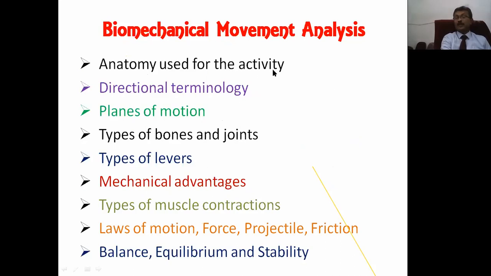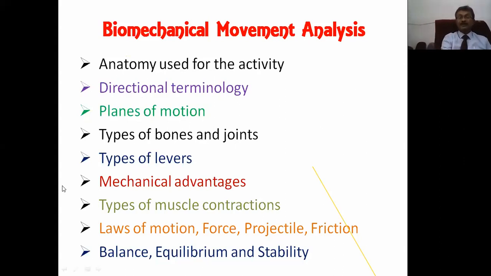Anatomy used for the activity, which body parts we are using. Then the directional terminology, the movement which I have told you. Then the plane of motion, in which plane the motion or movement is taking place. Types of bones or joints. Which bone, is it a long bone, is it a short bone?